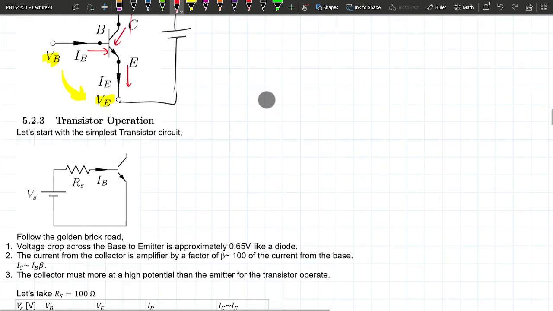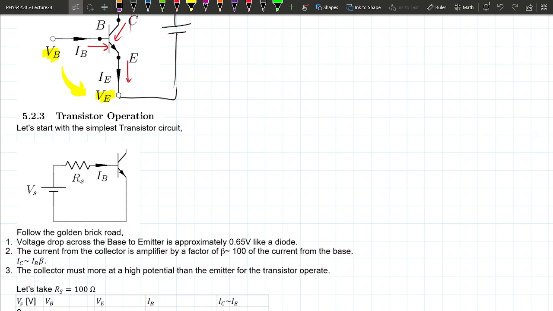All right. Let's apply these 3 rules to this simple circuit where I have some constant voltage supply, like a battery, that I can turn up and down. I put a resistor at the source, meaning the input, and connect that resistor right into the base, and see what happens to the output of the transistor.